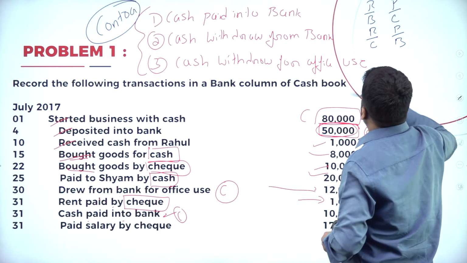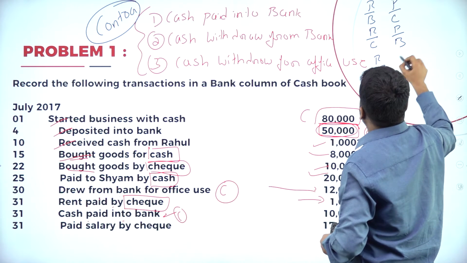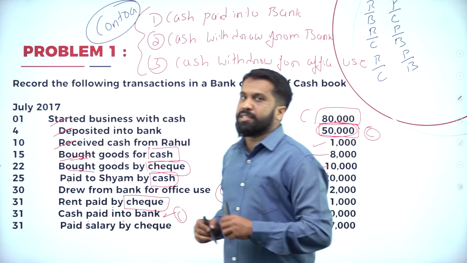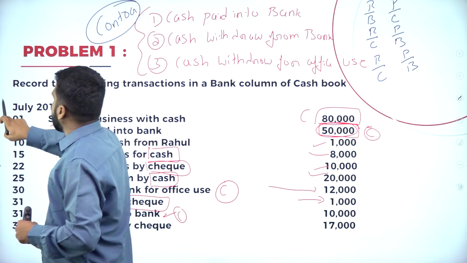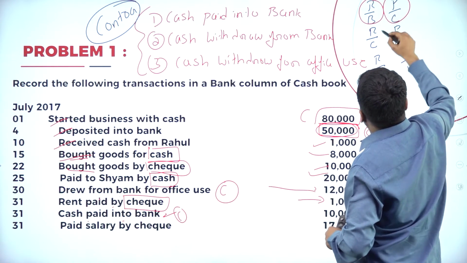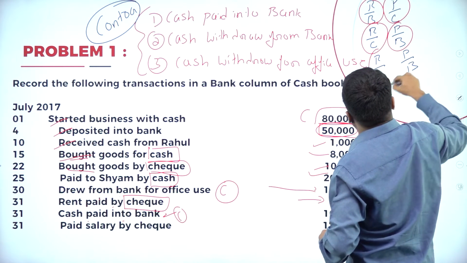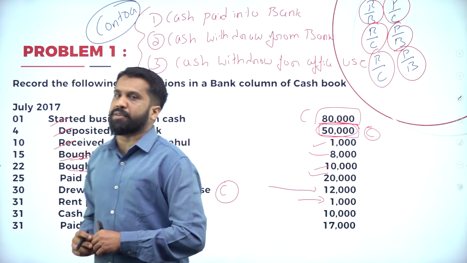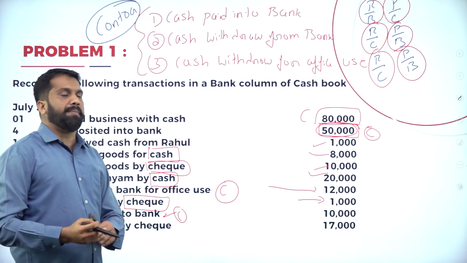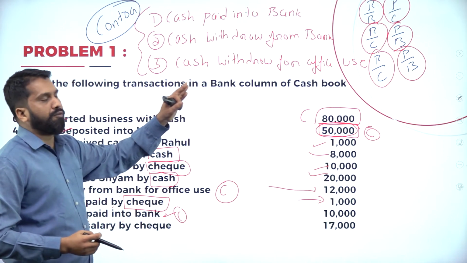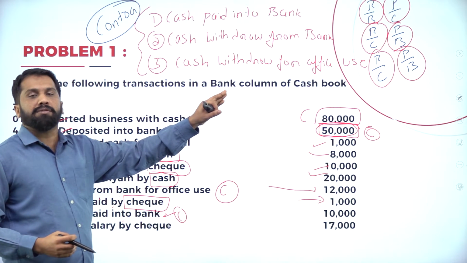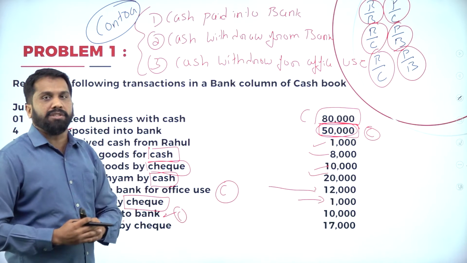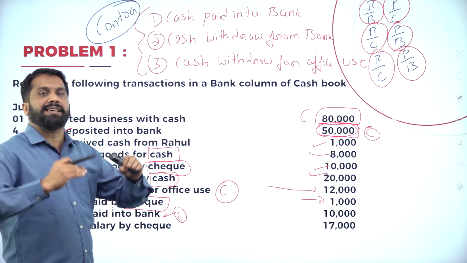Cash withdraw for office use, a receipt is cash and payment is bank. Remember this, very important. Why? Because in contra the entry will not go to an outsider, but your cash and bank balance will interchange. Your cash increases, your bank increases.